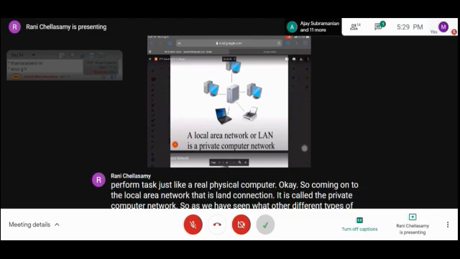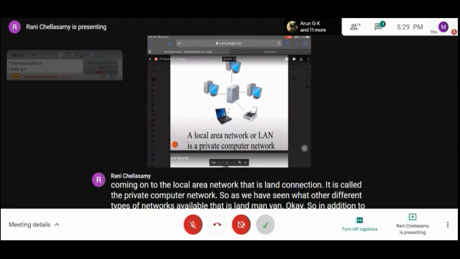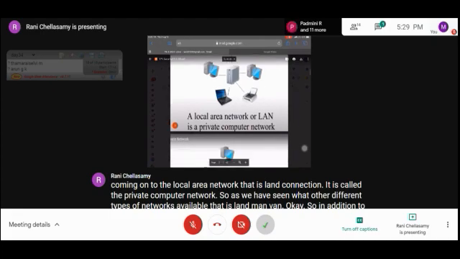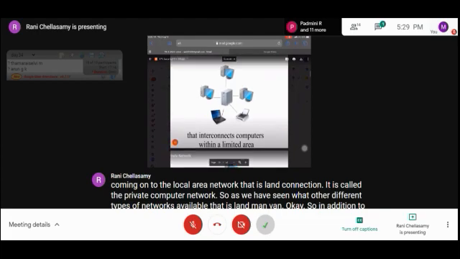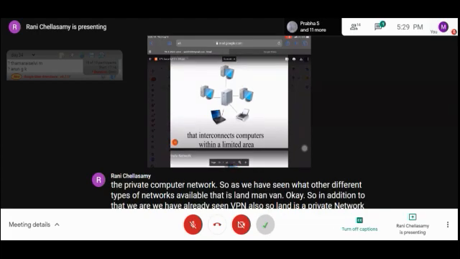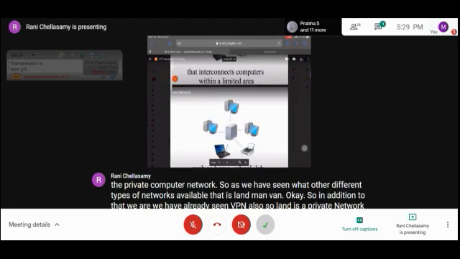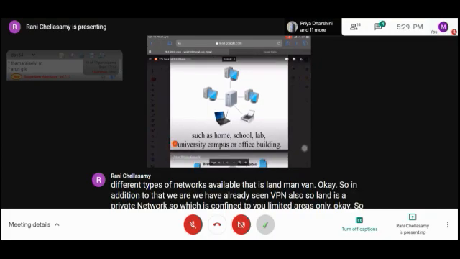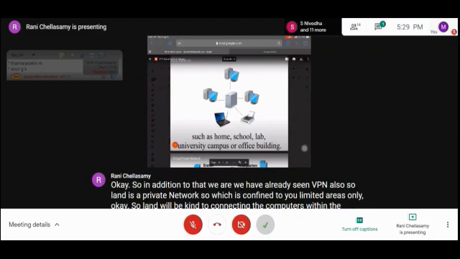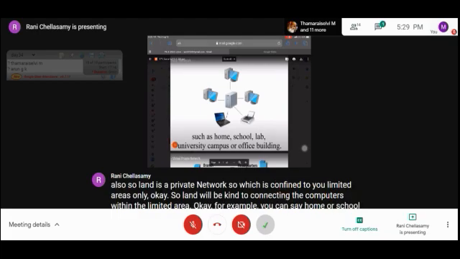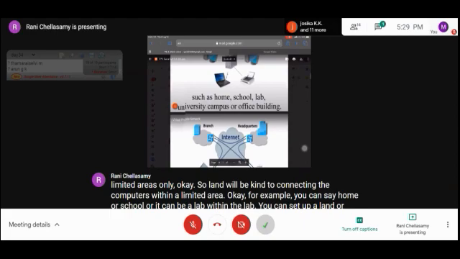LAN is a private network confined to a limited area only. A LAN interconnects computers within a limited area, for example a home, a school, a lab, a university campus or an office building. So you can go for setting up a LAN.